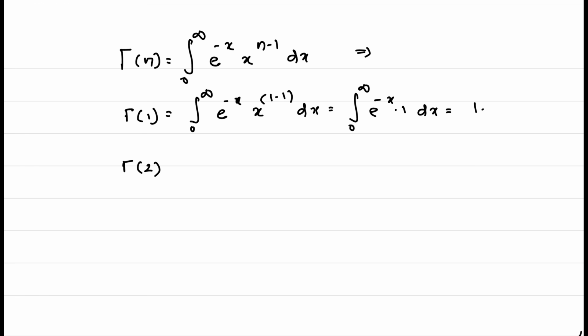Gamma 2 is equal to gamma 1 plus 1. We know gamma n plus 1 is equal to n into gamma n.